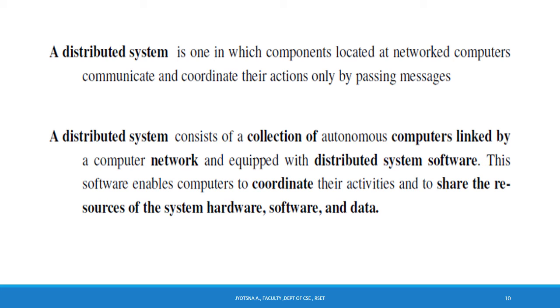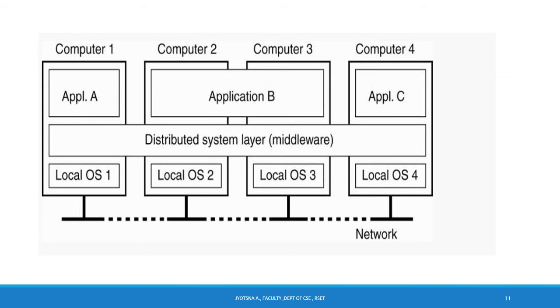In order to achieve the advantages of the distributed system, it has a set of software. This software enables computers to coordinate their activities and to share resources of the system: hardware, software, and data. To assist the development of distributed applications, distributed systems are often organized to have a separate layer of software that is logically placed on top of the respective operating systems of the computers that are part of the system.